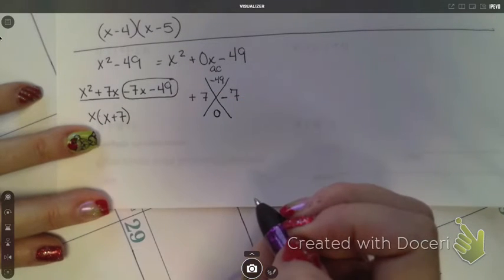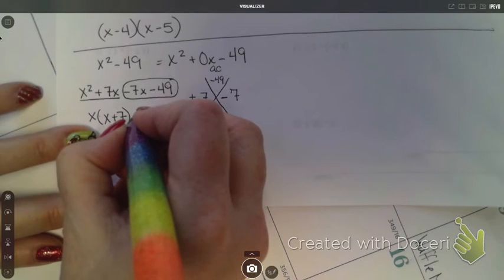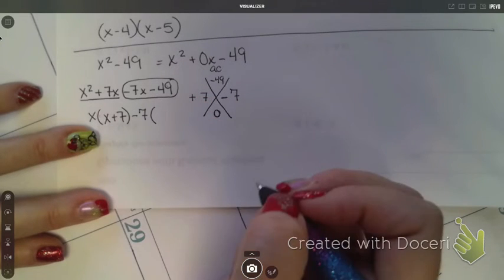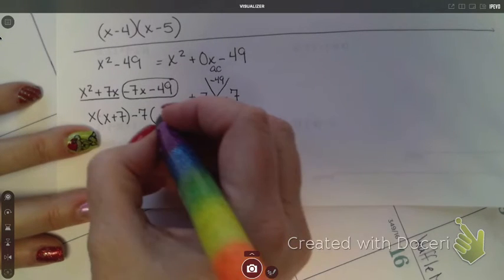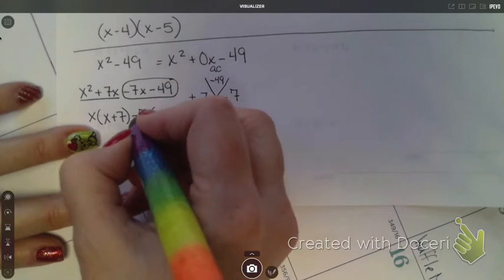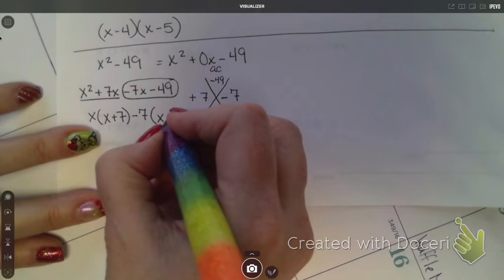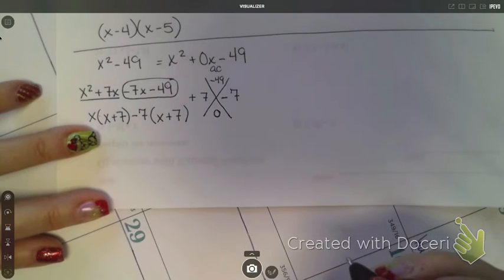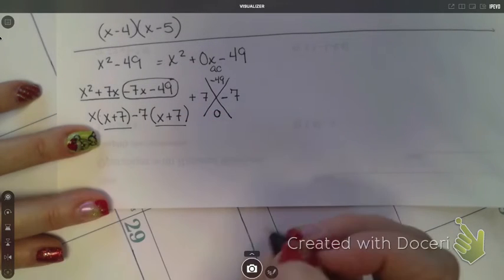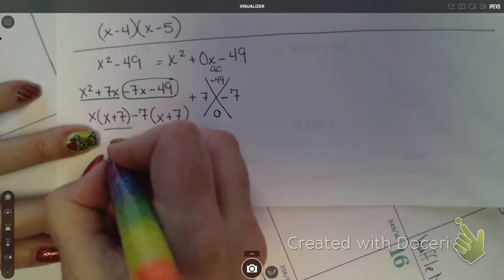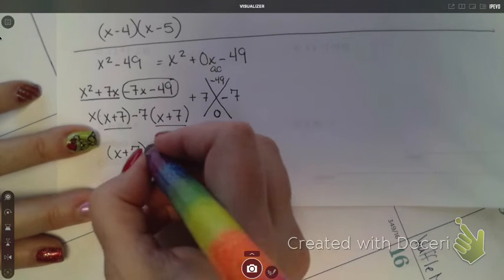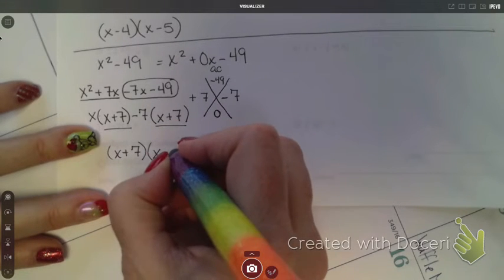We have to factor out the negative, and it's going to be 7. So I get negative 7 times, negative and a negative makes it a plus 7, so x plus 7. Did I do it right so far? Yes. Because I have x plus 7, right? So I factor out the x plus 7, and what am I left with? X minus 7.